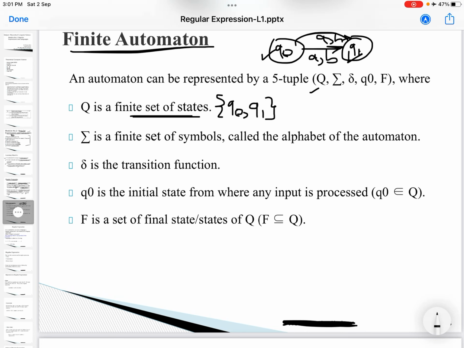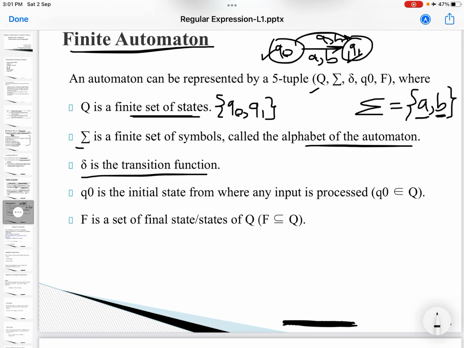Then sigma is a finite set of symbols called the alphabet. So we say sigma equals {a, b}, that is, it is over the alphabet a, b. Then delta is the transition function. Q0 is the initial state from where any input is processed.